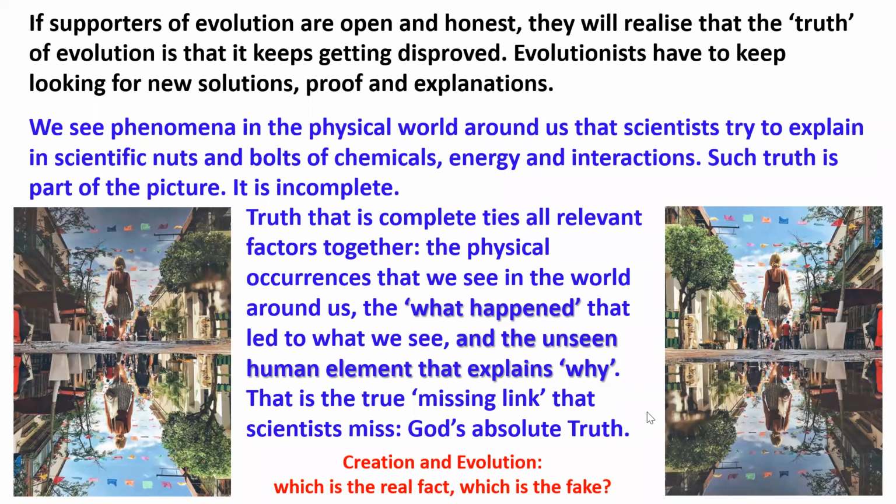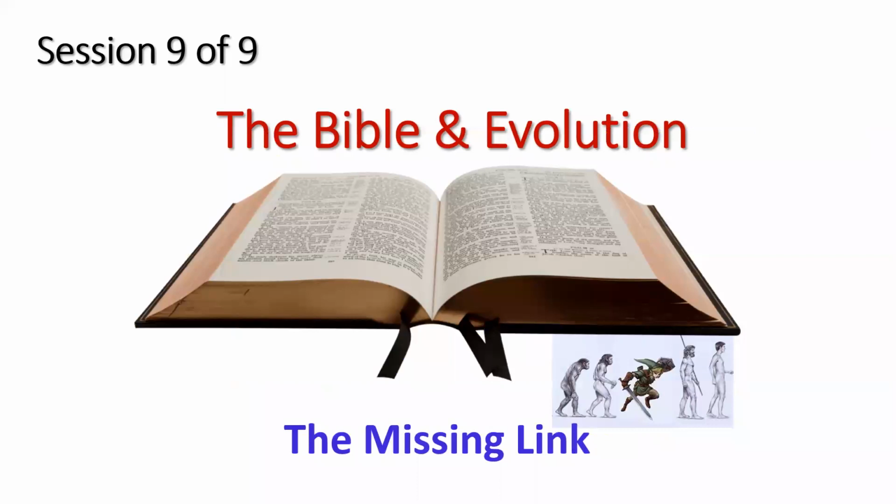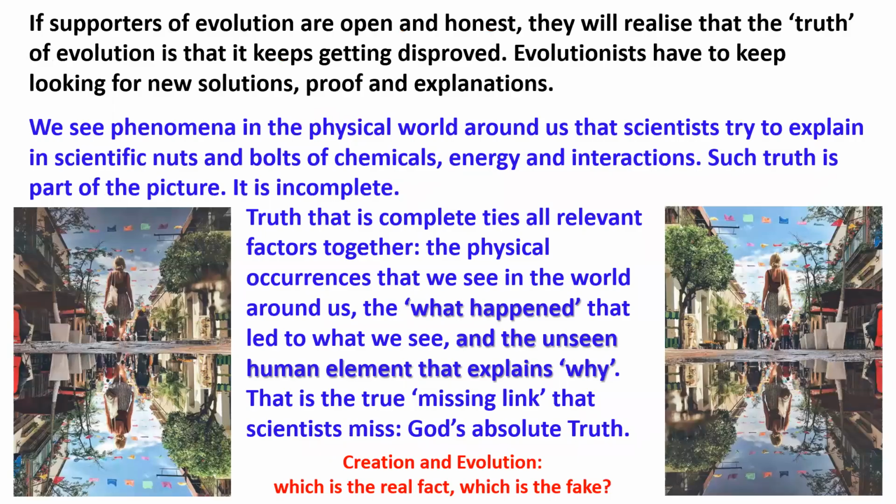And that is the thing that we will explore next week, okay? And round off session 9 of 9, the missing link. So for today, this is where we are at, okay? Creation and evolution. Which is the real fact and which gives the appearance of fact, but it's actually fake.